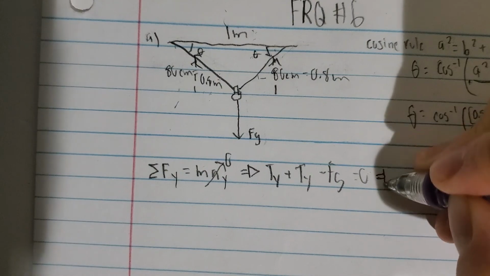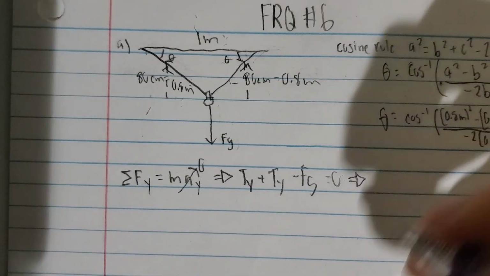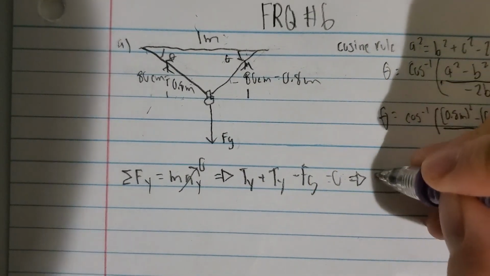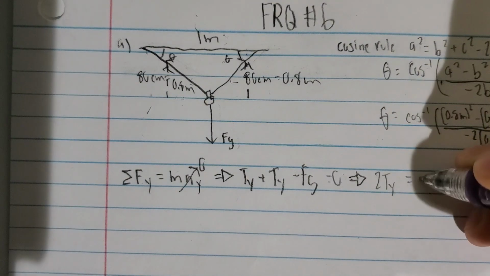So this leads to my statement, as I said before, my two Ty's combined is going to be equal to my Fg.